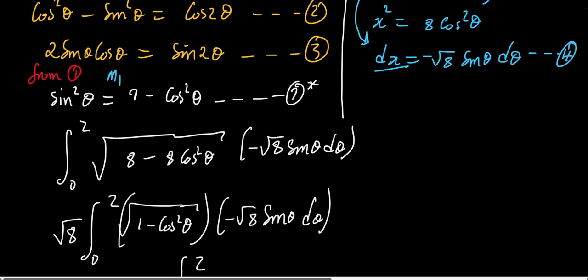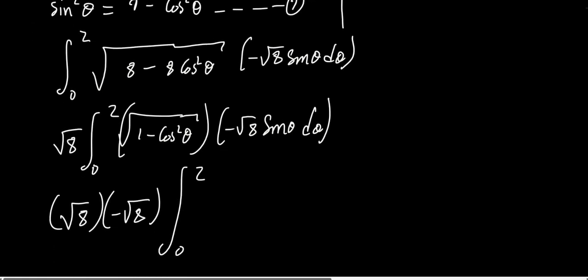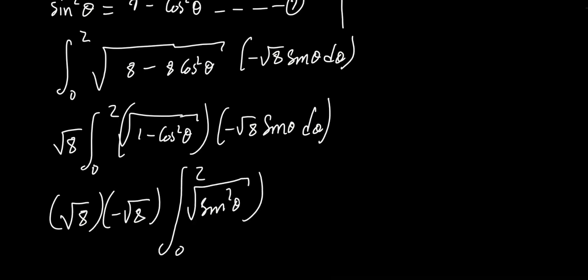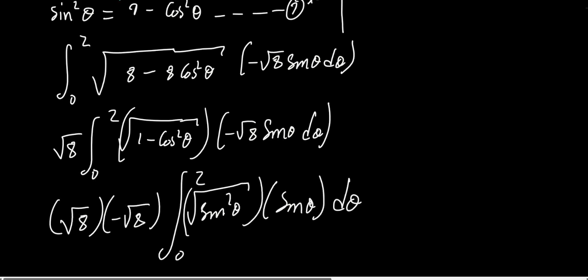We're all clear with that. Once we have that in mind, this will be the square root of sine squared theta, multiplied with, since this already came out here, we're going to be left with sine theta, and all of that is with respect to theta.